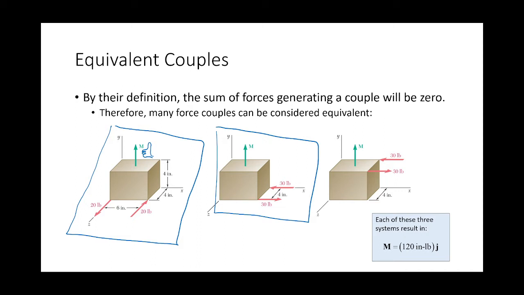So the magnitude of that moment is 30 times 4, which is 120, right? Now, it's still also rotating about the y-axis, right? And it is rotating in the direction of the right-hand rule, right? So I propose that this system and this system can both be represented with 120 J.